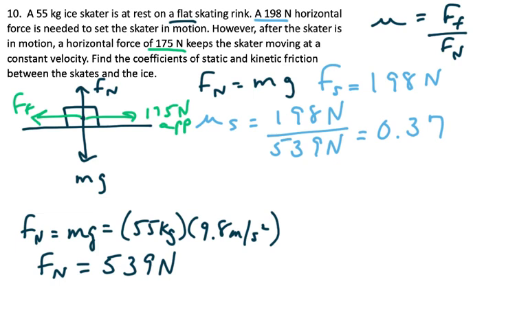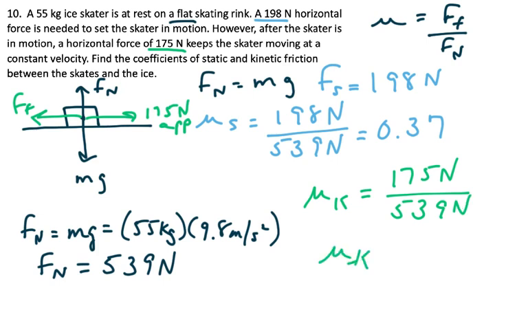So that means that our coefficient of kinetic friction is going to be 175 divided by the 539, the normal force. And it gives us a coefficient of kinetic friction equal to 0.32.